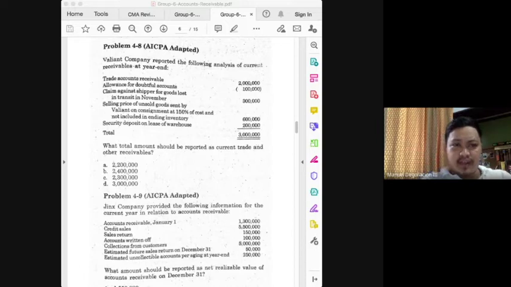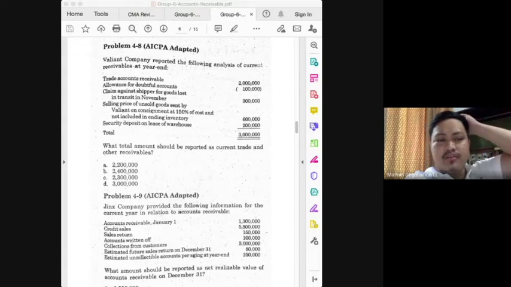Obviously, trade accounts receivable will be reported as a current asset, as we've discussed before, since they arise from the ordinary course of business, from the primary activity of the business. So their collection is expected to happen within the normal operating cycle.